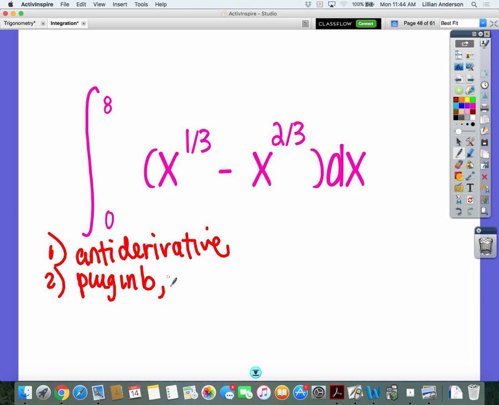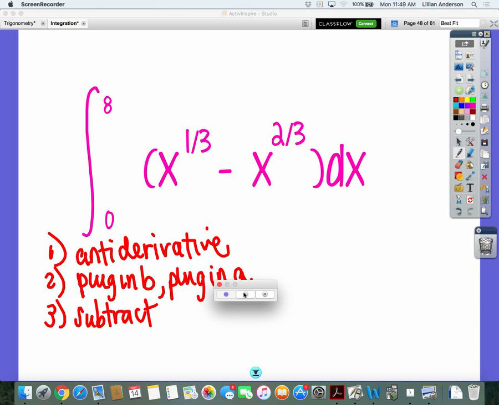You plug in A, and then you subtract those two values. So you're doing that on your whiteboard. Seriously, guys. It should be negative 36 over 5, which is negative 7.2, okay?